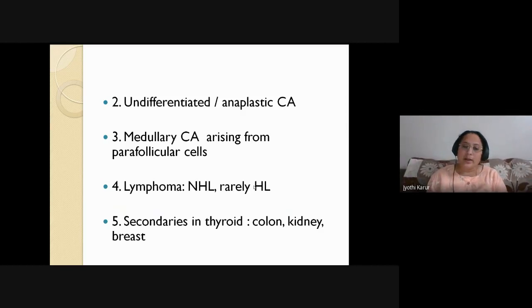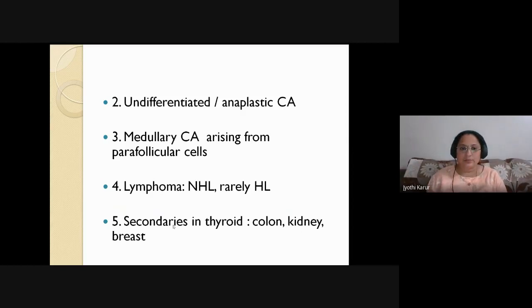There can also be secondaries from other primary cancers: inside the thyroid from colon, kidney, and breast. There are different organs, but these are the three most common organs which can throw secondaries into the thyroid gland. So differentiated, undifferentiated, medullary arising from the parafollicular cells, lymphomas, and secondaries. This is how thyroid cancers were classified before 2017.